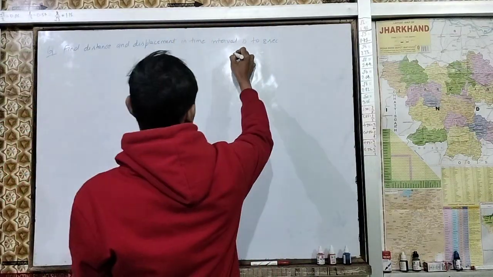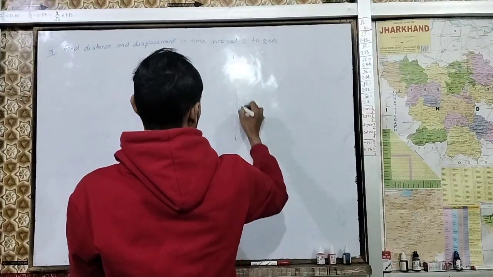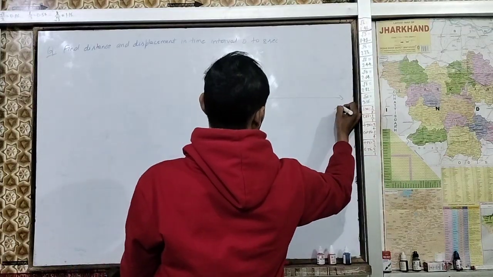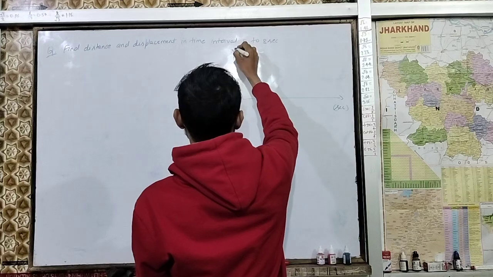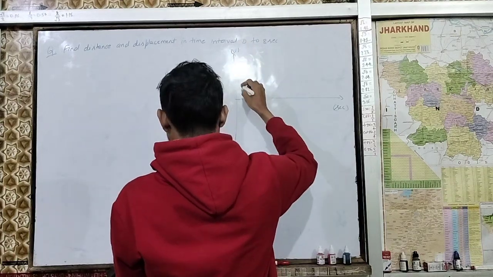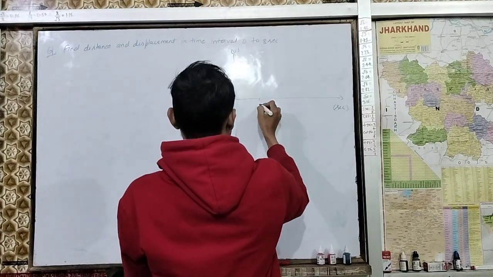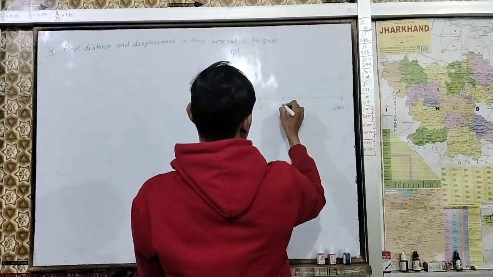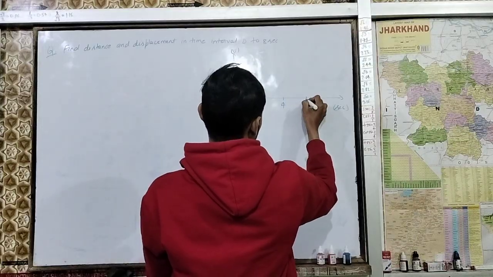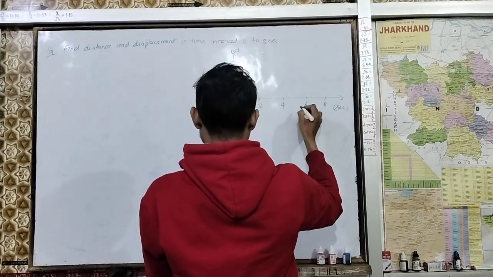Figure is like this. This is figure. 2, 4, 6, 8.